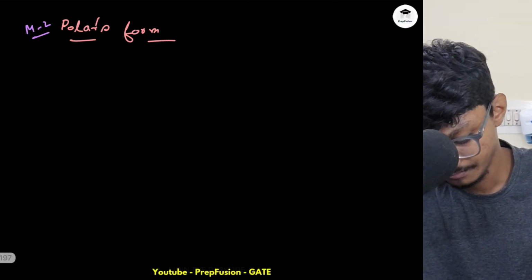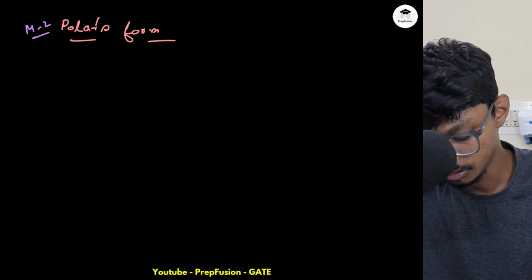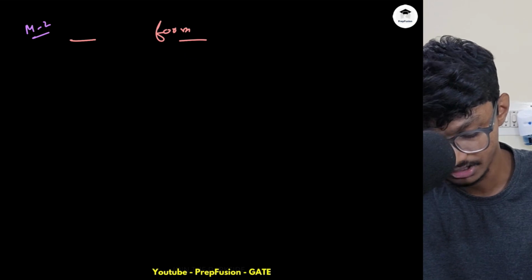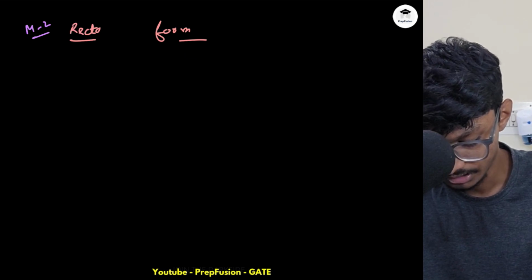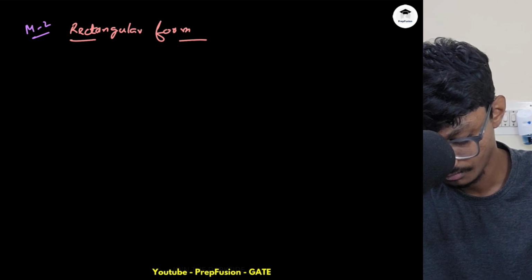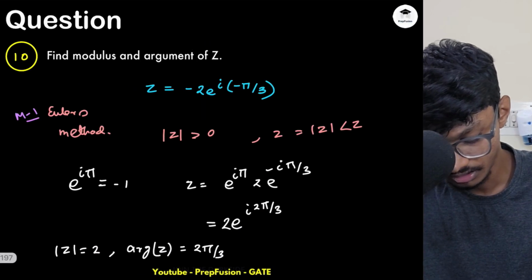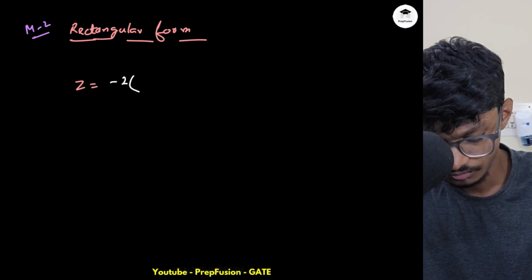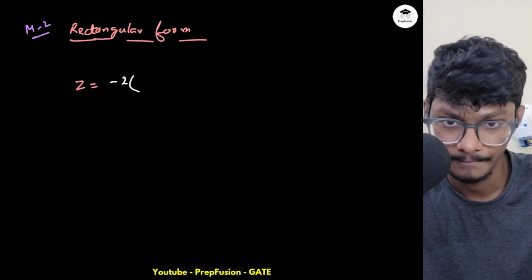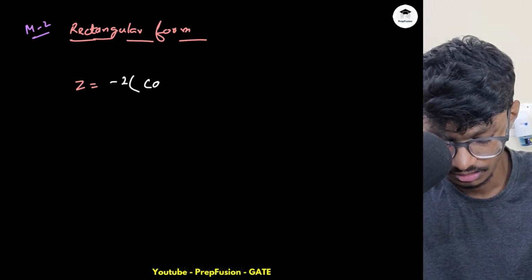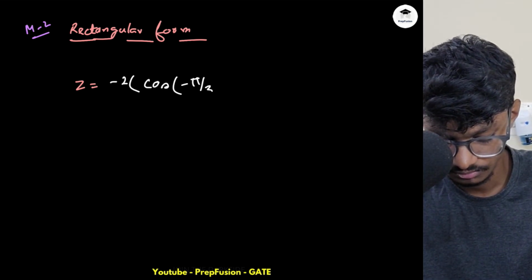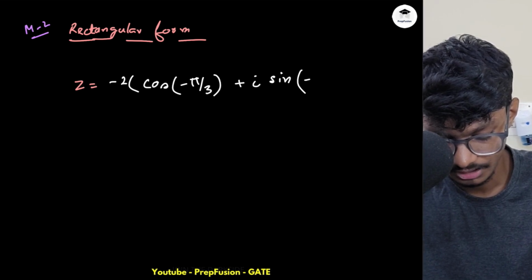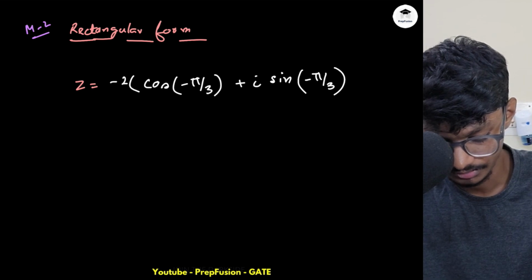Actually, this is rectangular form. In rectangular form, we are able to identify which quadrant the point is lying in, so from there we can directly compute. So z will be minus 2 times cos of minus pi by 3 plus i sine of minus pi by 3.